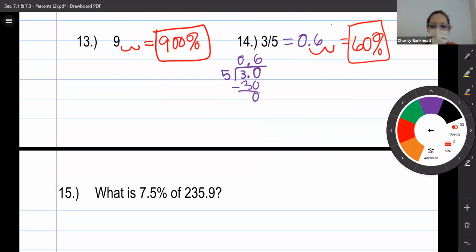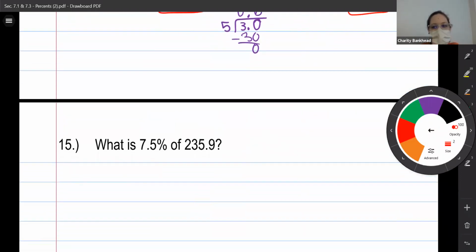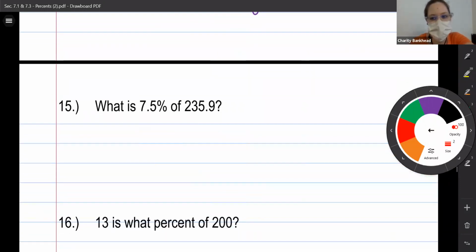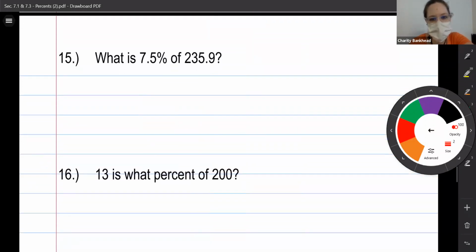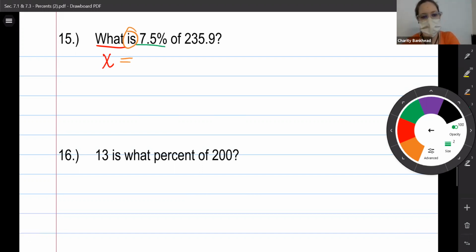All right, so let's actually use our percentages. So we're going to translate, just like we did in chapter 3, we're going to translate directly into an equation. So whenever it says what, that's where we're going to write X. Is means equals. 7.5%, so let's go ahead and convert that to 0.075.